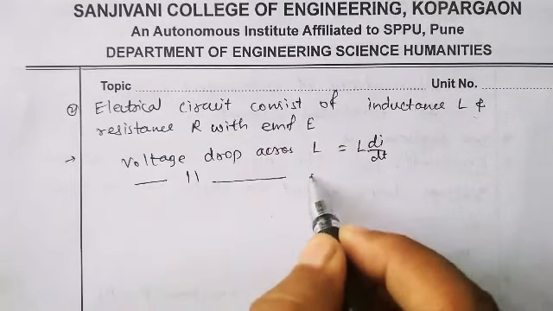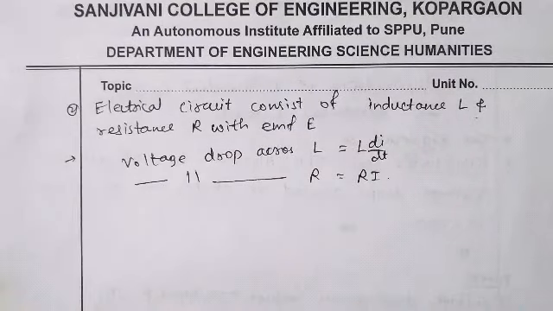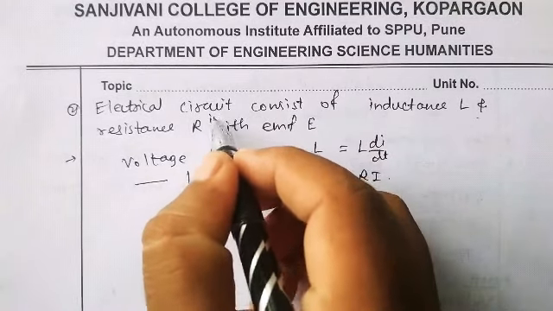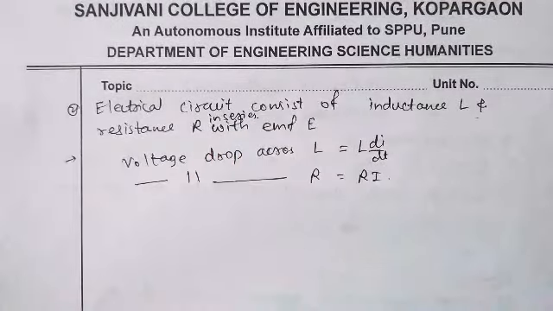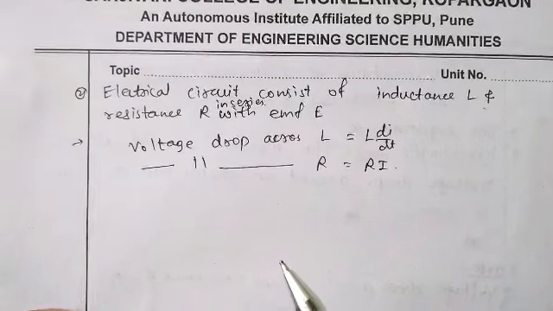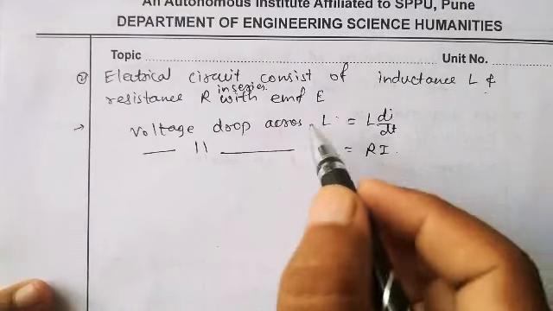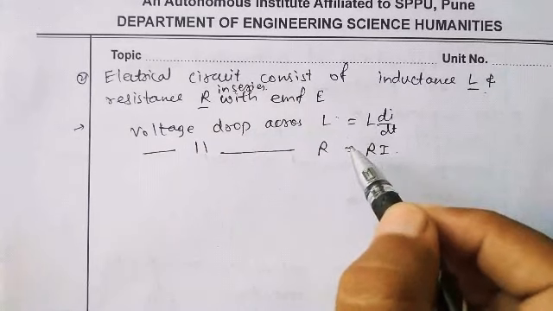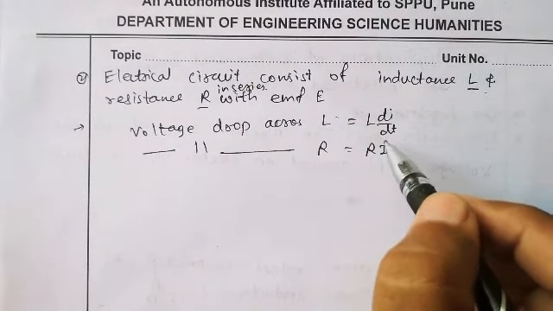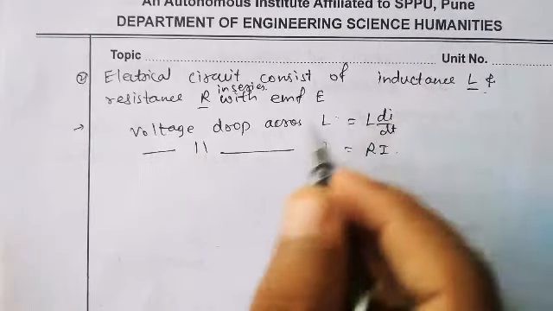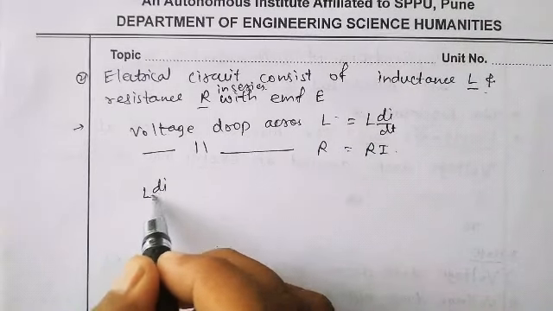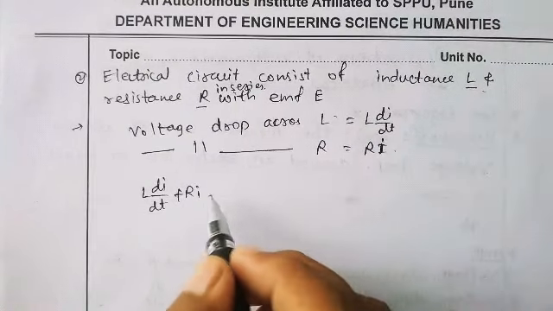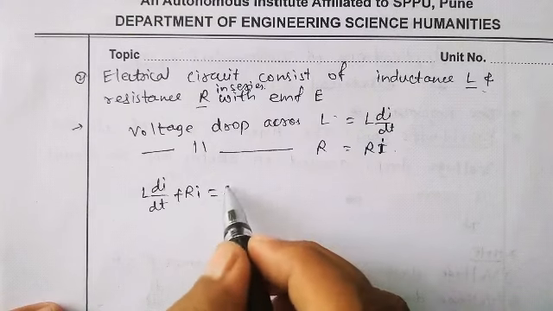Similarly, voltage drop across R is Ri. Suppose all are in series. There are two components, L and R, in series, so the sum of their voltage drops is equal to the EMF. So we can write the differential equation L into di by dt plus Ri is equal to EMF E.